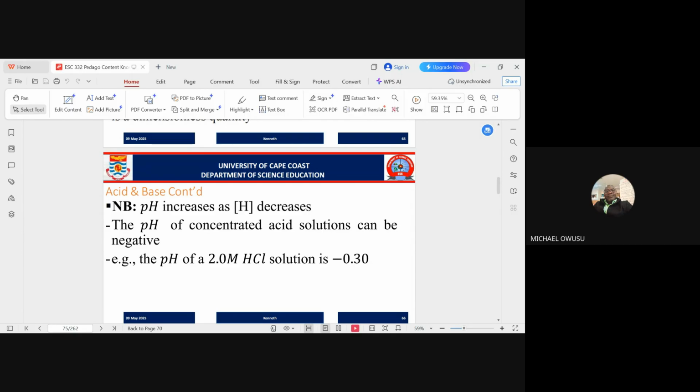So you then put that one into the pH equation. pH equals negative log of H ions, and the H ions is 4. So do that and let's see what you get.